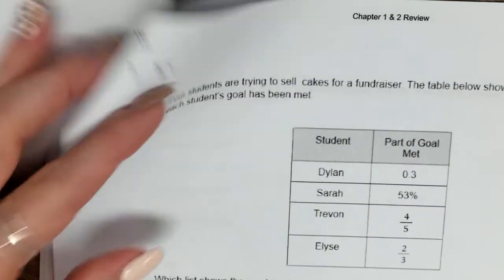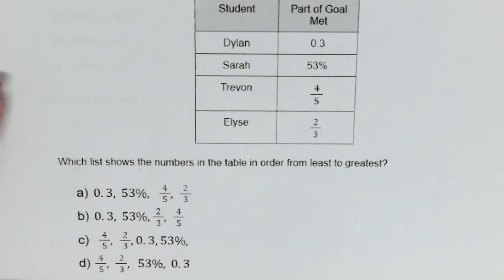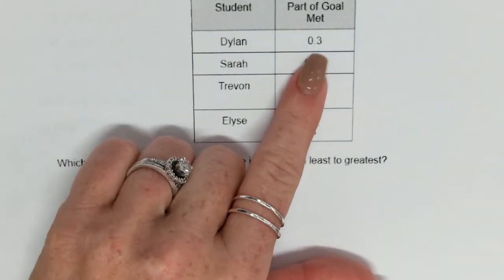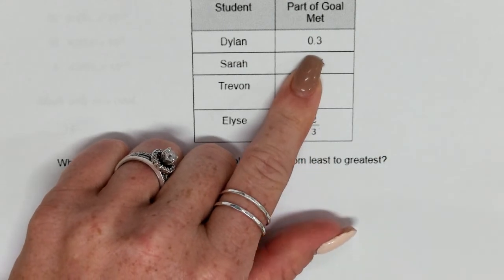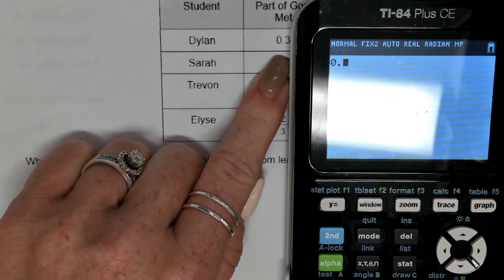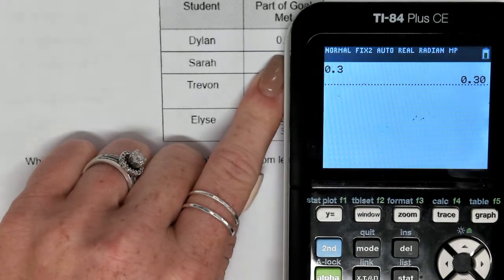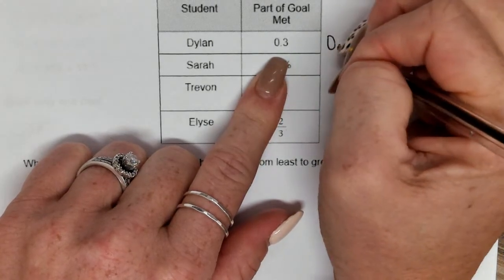Number 5. What am I going to change all of these to? Decimal. Is this already a decimal? Yes. But does it look like money? No. So I'm just going to type it in so that my calculator can make it look like money for me. That is worth 30 cents.